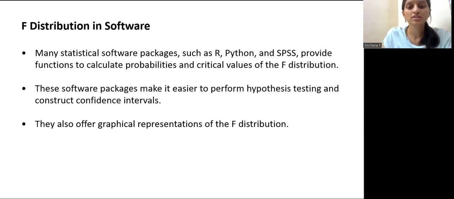Software packages such as R, Python and SPSS provide functions to calculate the probabilities and critical values of the F distribution. These software packages make it easier to perform hypothesis testing and construct confidence intervals. They also offer a graphical representation of the F distribution.